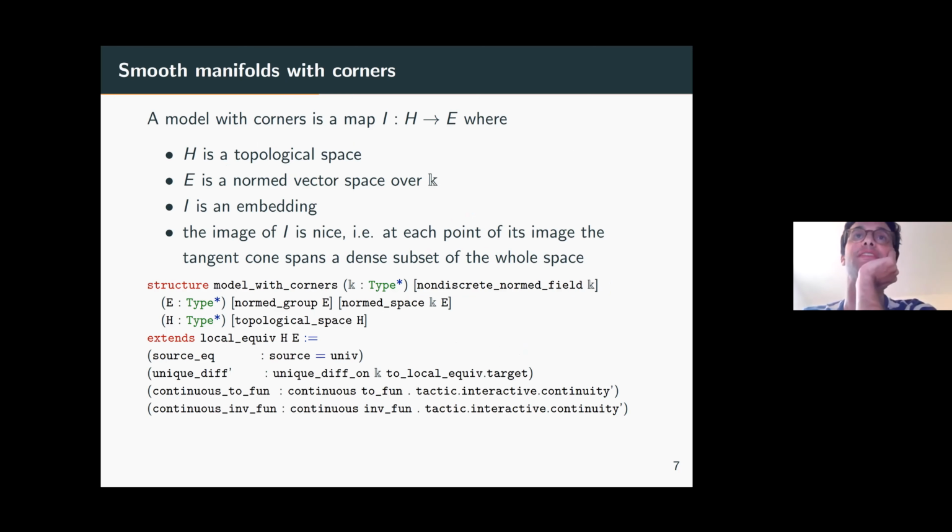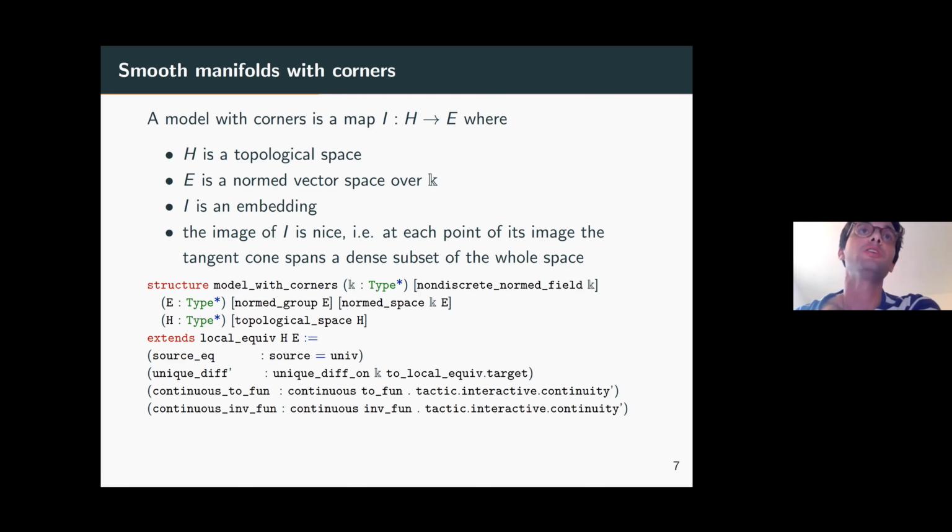A model with corners is just a topological embedding of a topological space into a vector space in such a way that the image of this embedding is nice, as in it satisfies a technical condition that allows the differential of functions defined on this image to be unique, and this allows us to talk about smoothness.